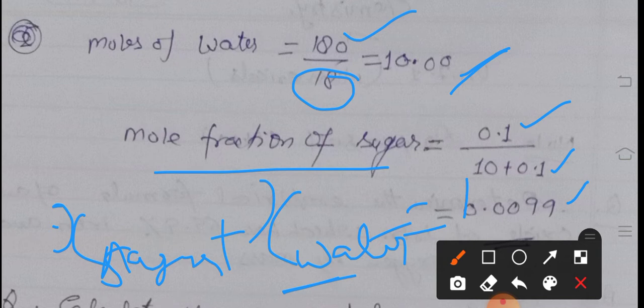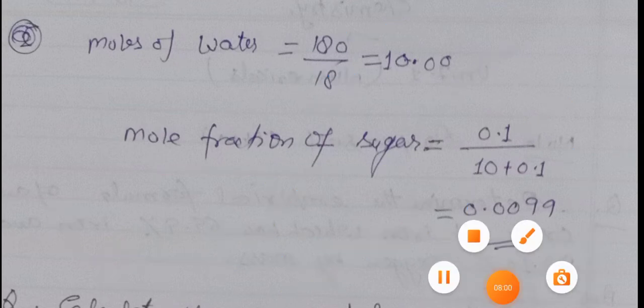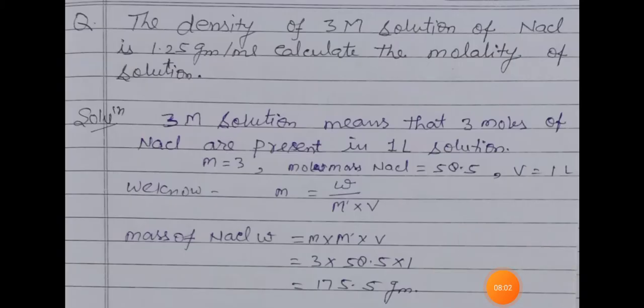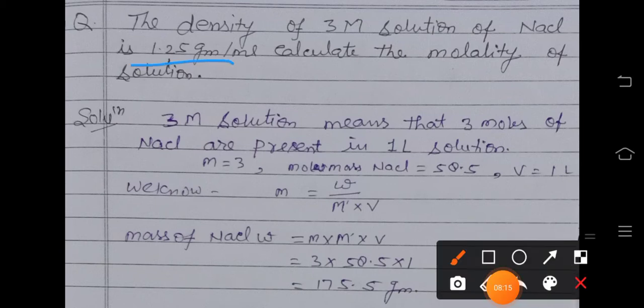Next is question number 2. The density of a 3 molar solution of NaCl, that is sodium chloride, is 1.25 gram per ml.